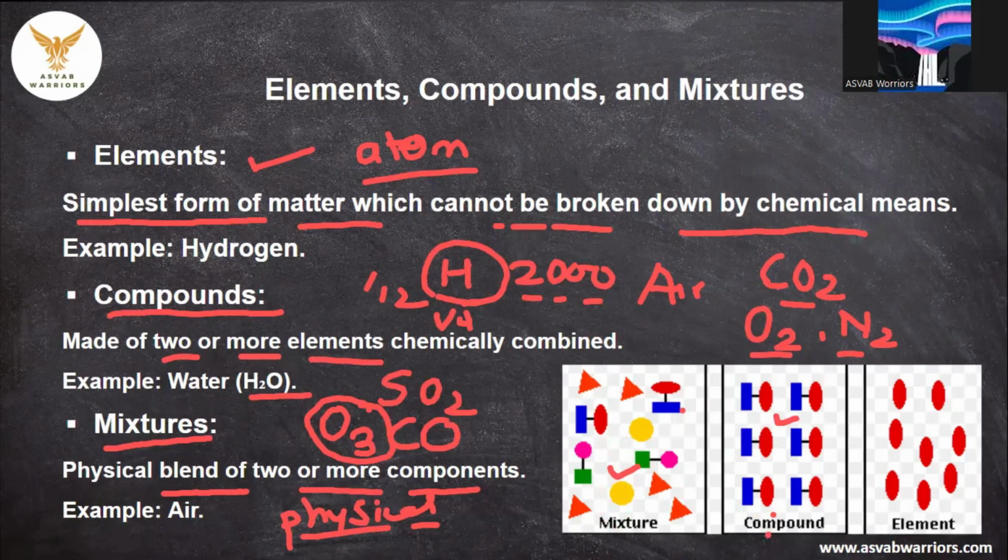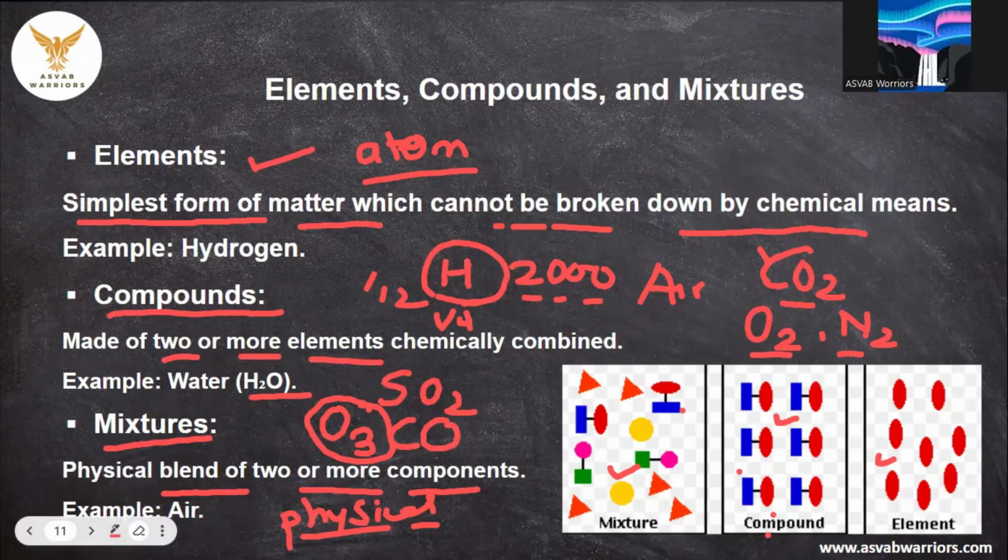Like carbon dioxide. One carbon atom is combined with two oxygen atoms, so it is a compound. An element is a pure substance. Take the example of gold, copper, aluminium, or ferrous, hydrogen, helium. These are elements. These are pure substances.